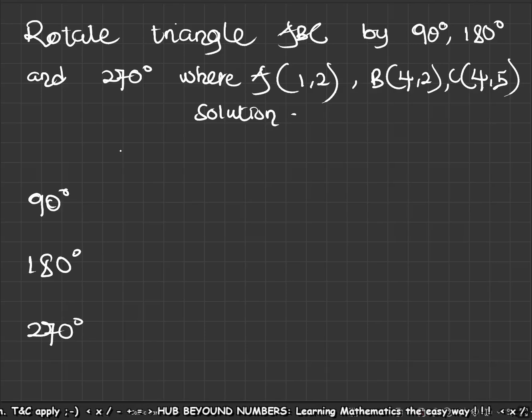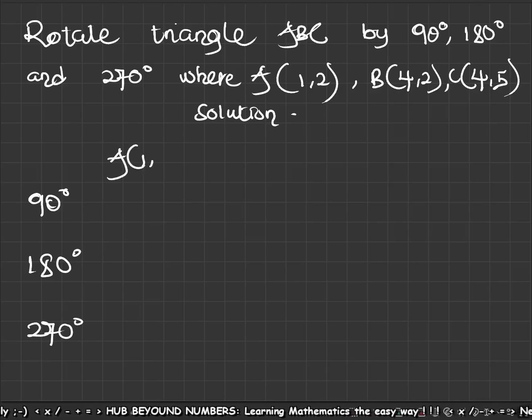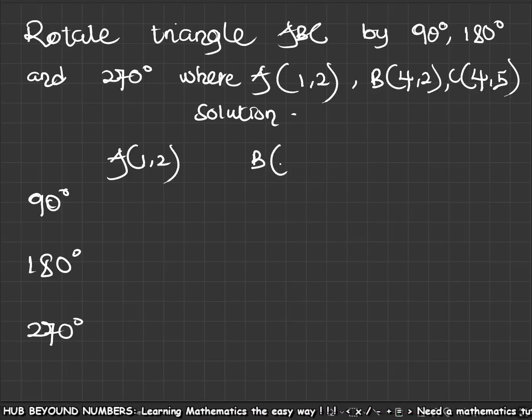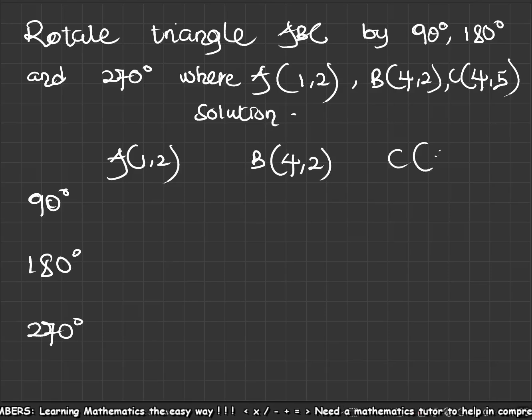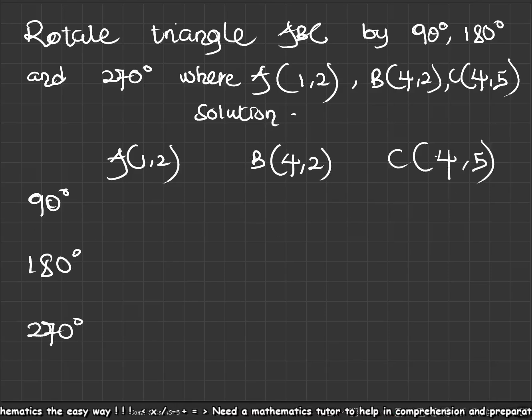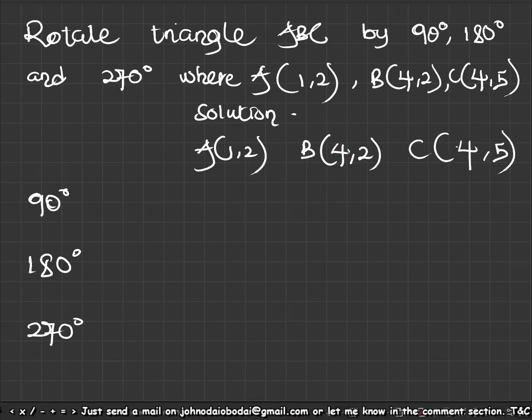So A is going to be here, whose coordinate is 1, 2. Then B is also here, whose coordinate is 4, 2, and then C, whose coordinate is 4, 5. Now I have shifted it to the right-hand side so that over here I'll rewrite the formula so that it sticks in our mind.